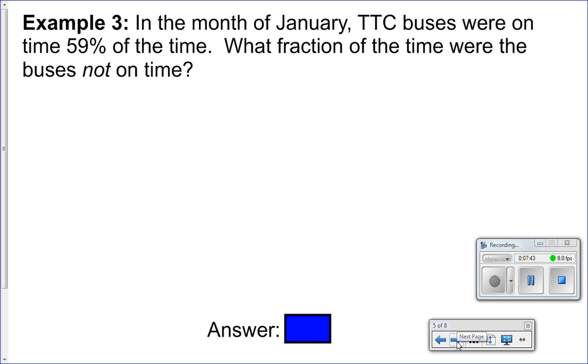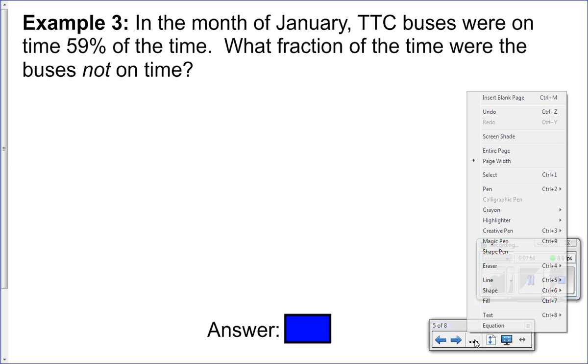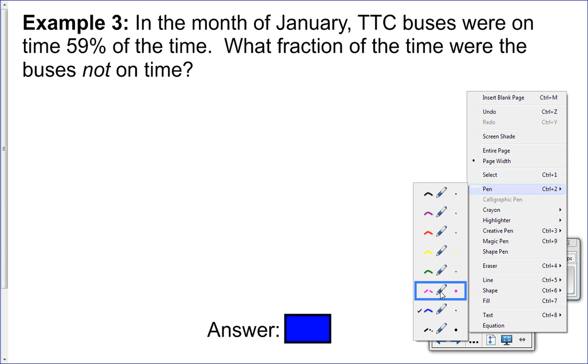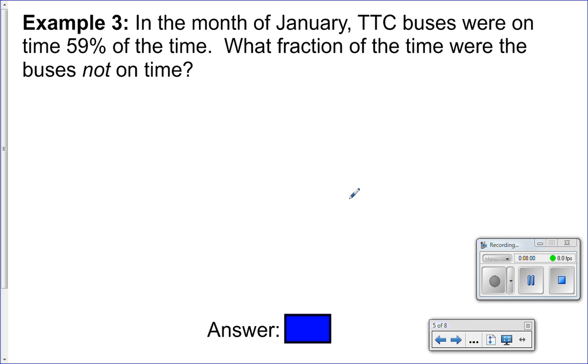Okay, here's example number 3. In the month of January, TTC buses were on time 59% of the time. What fraction of the time were the buses not on time? So we see that the buses were on time 59%.